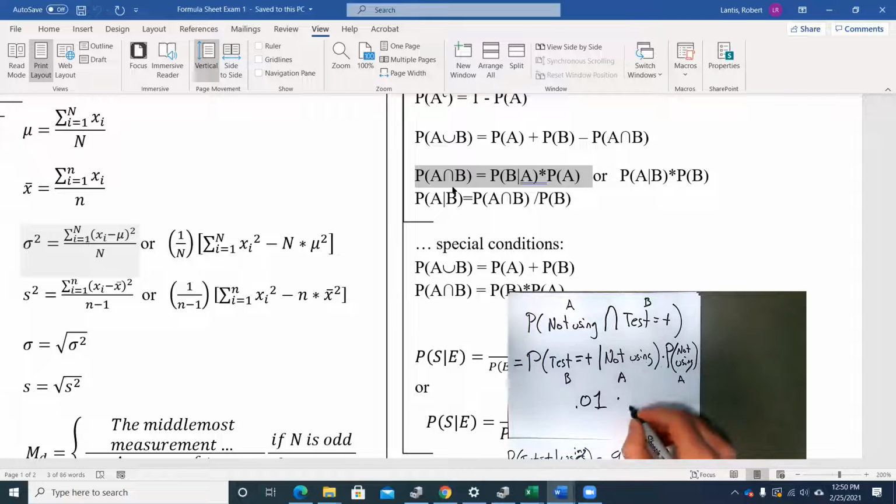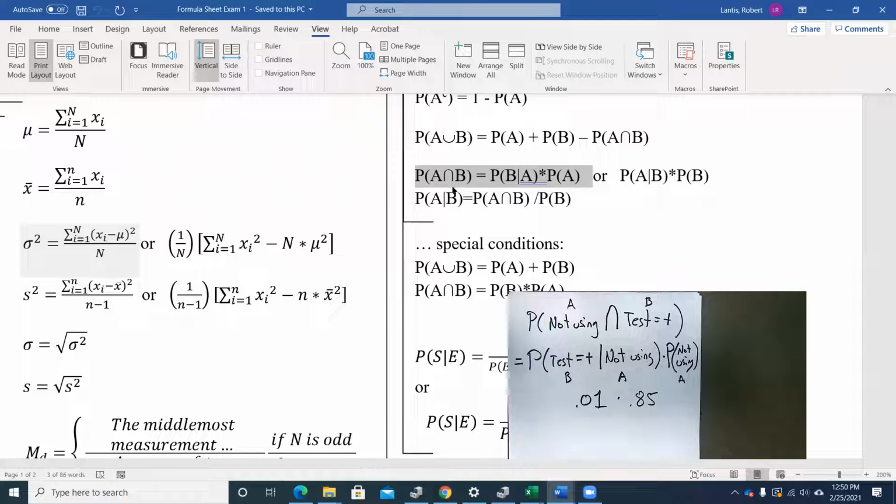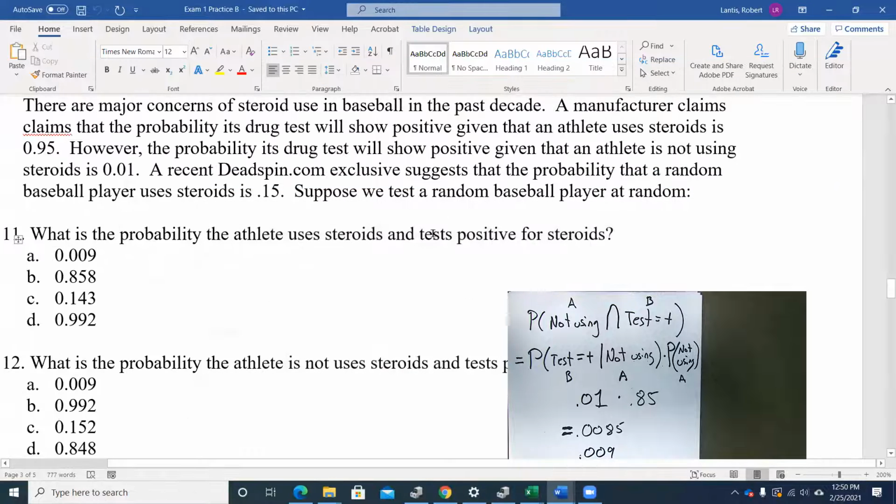So we plug in the 0.85, going back to what we originally had and plugging those probabilities in. And this one should be 0.0085. Actually, sorry, 0.0085. And then I think the answers were rounded to the third decimal, if I'm recalling correctly.